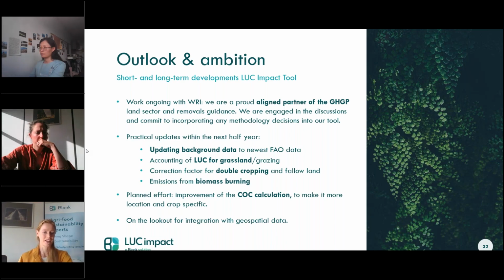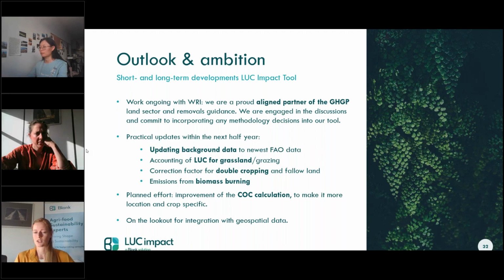A planned effort that doesn't have a fixed time frame yet is we want to improve these carbon opportunity cost calculations. We've also been briefly in contact with the author of this method. So we want to make it more location specific and more crop specific. Well, on the outlook, so more on the longer term, we're looking for integrations with geospatial data.